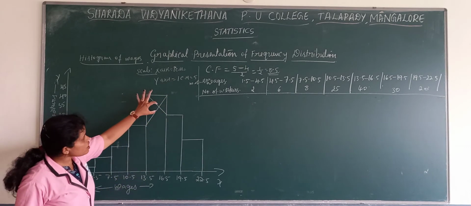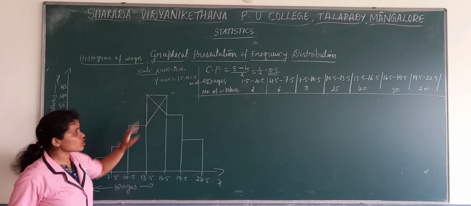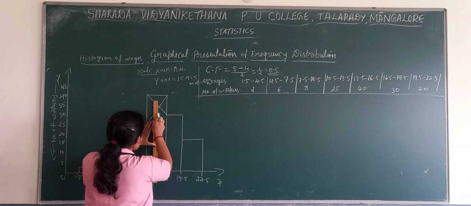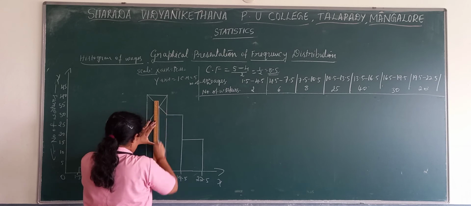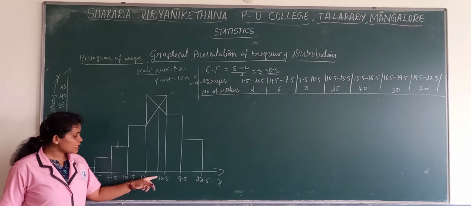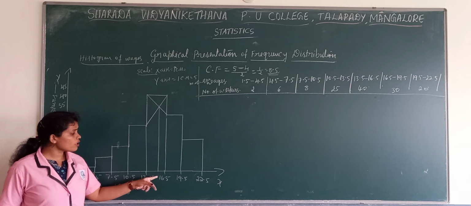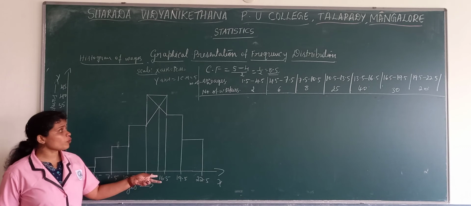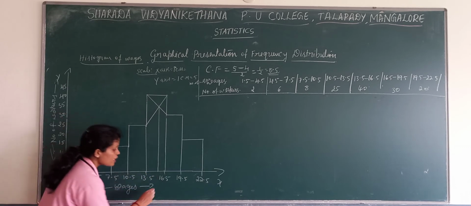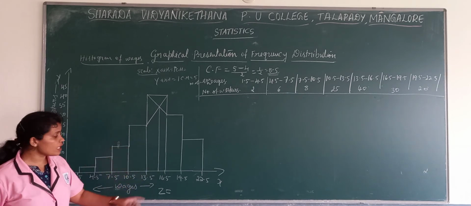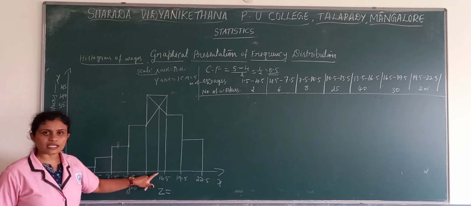Where these two lines intersect each other, at that point you have to draw one straight line down. Here, if it is 13.5, approximately we can take it as 14 or 15.